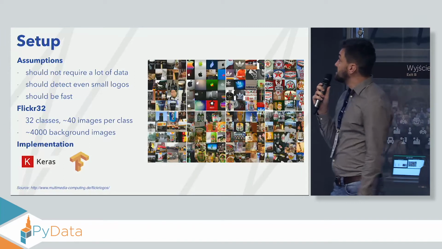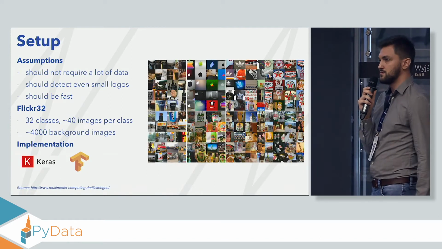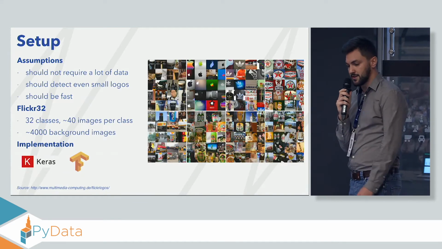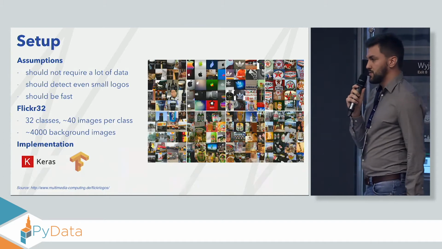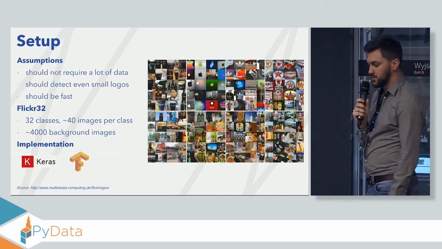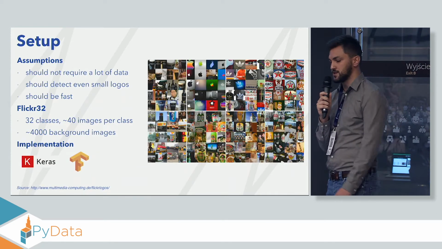So this is what our assumptions were. We shouldn't need a lot of data because nobody wants to spend time annotating it. Our solution should be able to detect even small logotypes because that's how they often appear, and should be fast because we want to apply this analysis on videos.